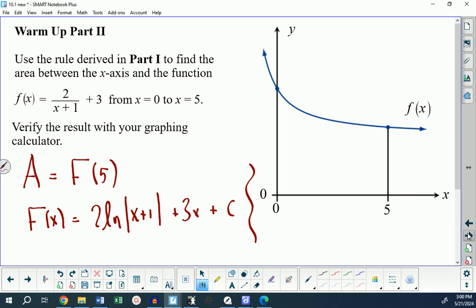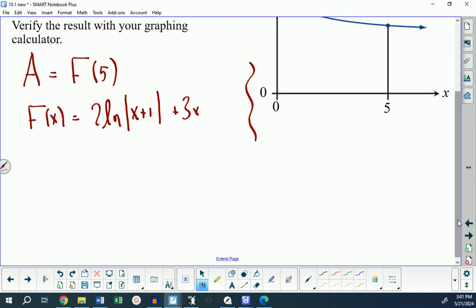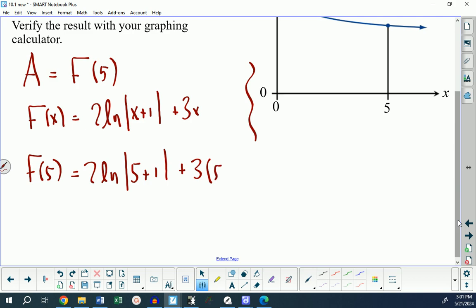I'm just going to have to tell you we ignore the constant, and you will see why in a bit. Okay? So that's the antiderivative. Would you agree? Okay. So the antiderivative at 5 will be 2 ln(5 plus 1) plus 3 times 5. So we get the area equals 2 ln 6 plus 15.